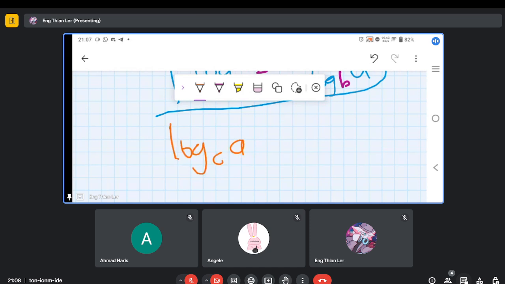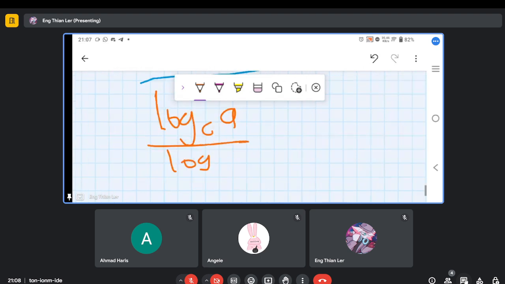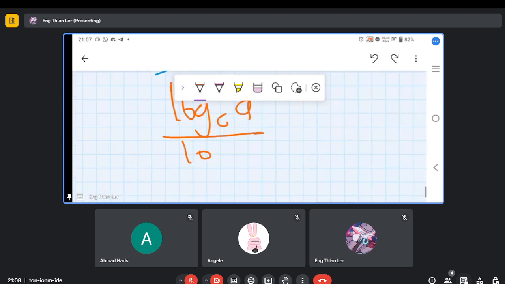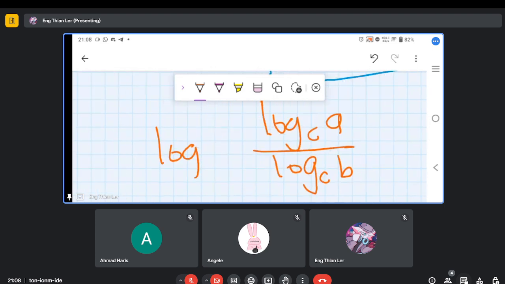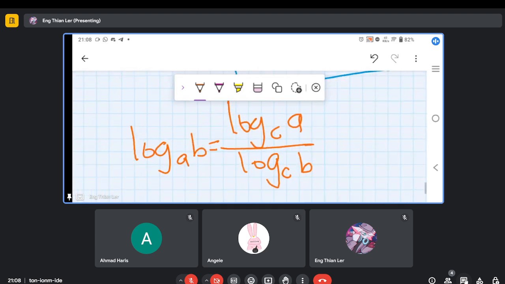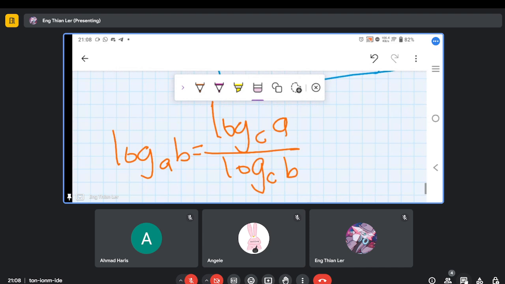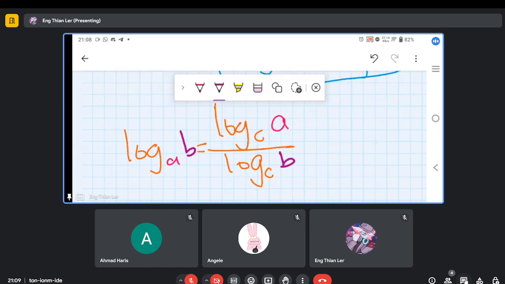Log CA. Okay, log A base B equal to log CA over log CB. So I'm going to replace it with colors. C is the new base, yeah. Log A base B, A first, then B. So that's how we do this.